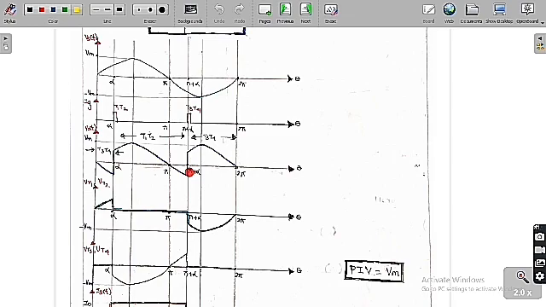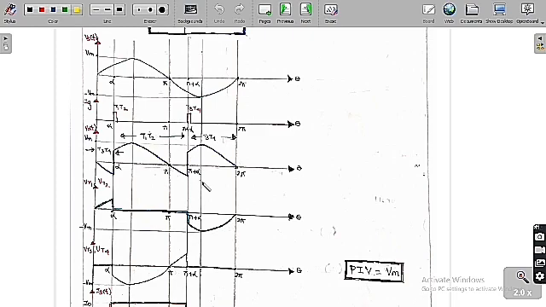They are not even triggered. But the current is always positive, meaning non-zero, and the current will be non-zero only when T1 and T2 are still conducting. So from pi to pi plus alpha also, T1 and T2 are going to conduct, and whenever T1 and T2 conduct, the load voltage is equal to the source voltage. So from alpha to pi plus alpha, T1 and T2 conduct, and therefore the load voltage is equal to the source voltage.